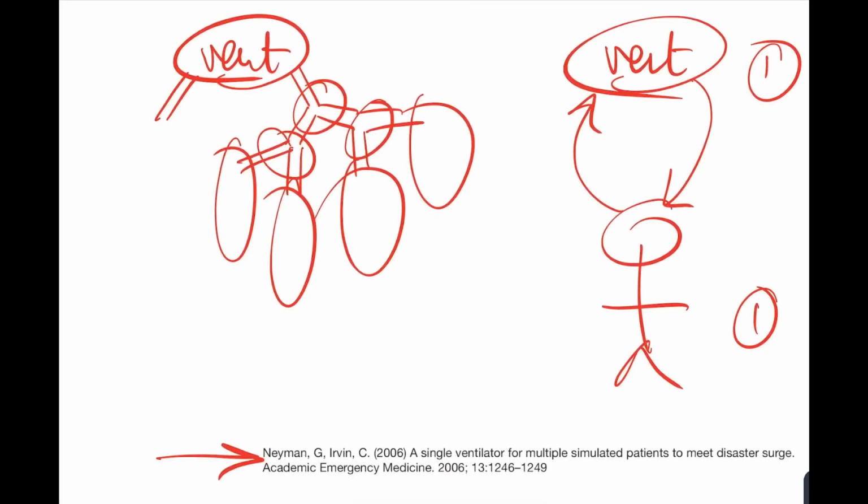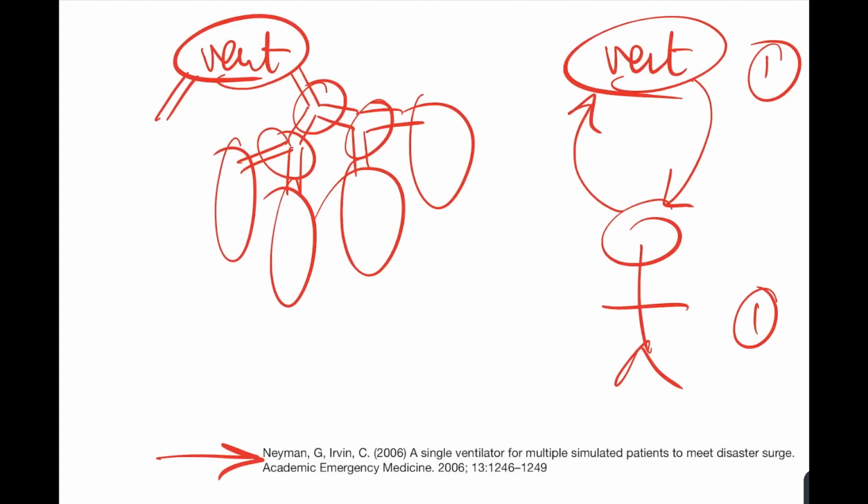This comes with a few caveats though. Since multiple patients are attached to the same ventilator, we need to make sure that the lung sizes are the same or at least comparable. You cannot have a pediatric patient and an adult patient attached to the same ventilator. That is because the tidal volume for both lungs needs to be the same for this to work. Tidal volume is the volume of air that a person breathes in and out during a regular inspiration cycle.